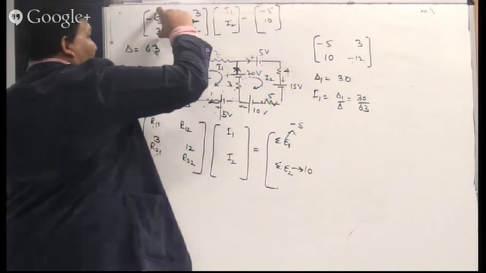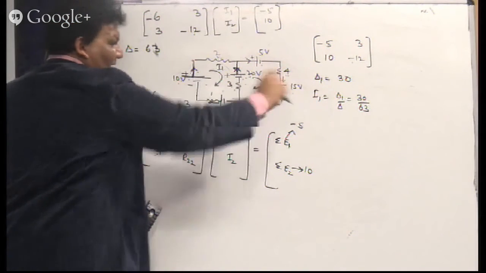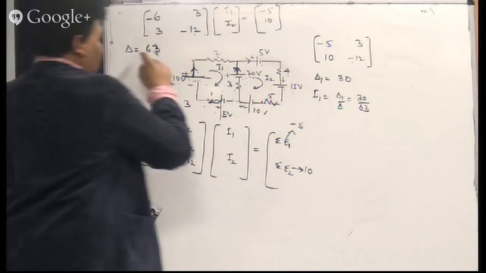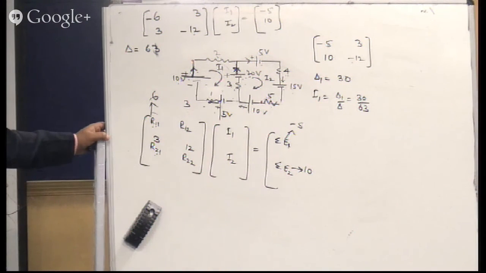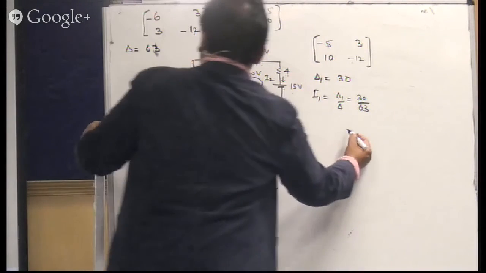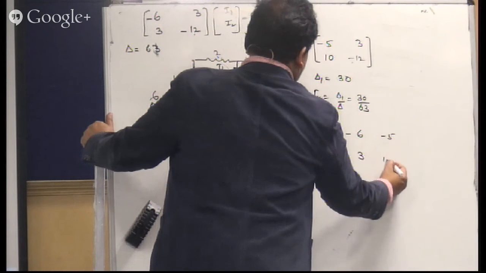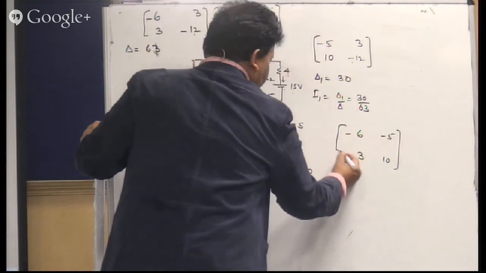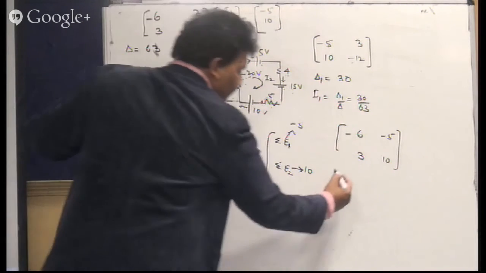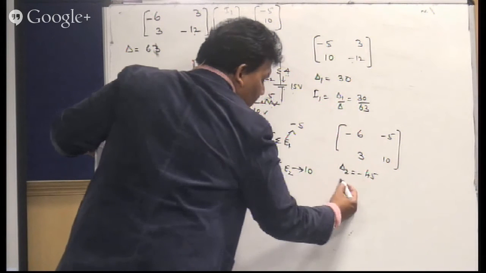Now replace this by this, take the determinant value, 30, I1 इज Δ1/Δ. I2 कैसे निकालेंगे? करेक्ट करना रिप्लेस, सो -6 + 3 -5 10, वैल्यू बोलो कितना हुआ? -60 + 15 कितना हुआ, प्लस माइनस माइनस, I2 कितना हुआ?